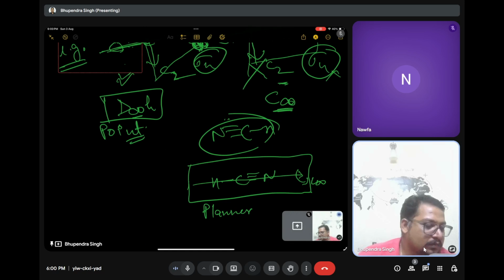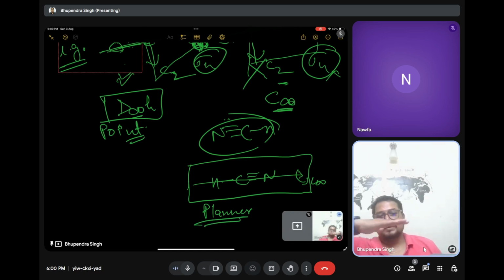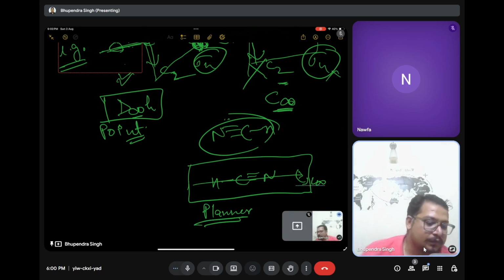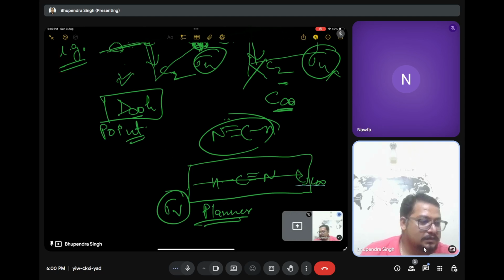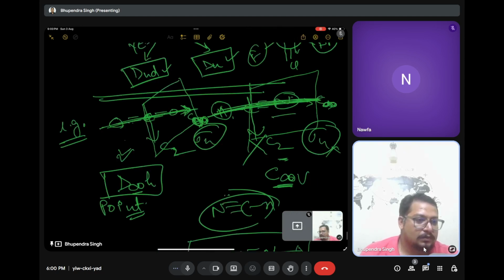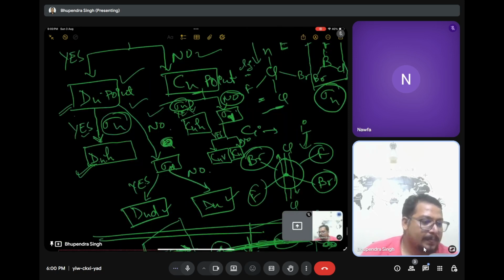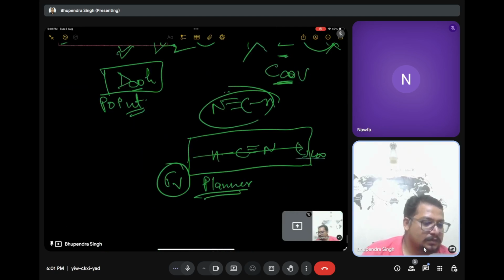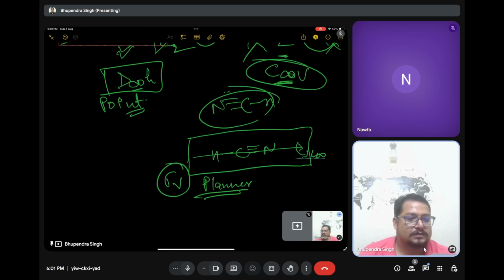This is the plane containing the principal axis. So you have sigma v. Means now the point group will turn out to be C infinite v. If you have sigma v, yes, then Cnv, and n we already know. So point group will be C infinite v. And the other one is D infinite h.